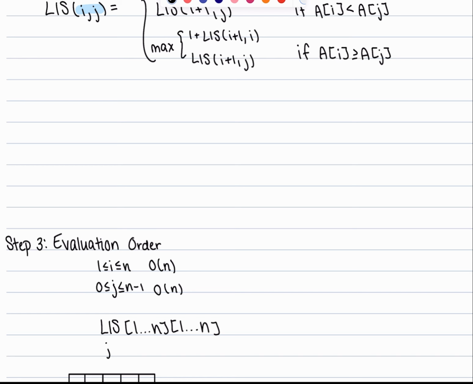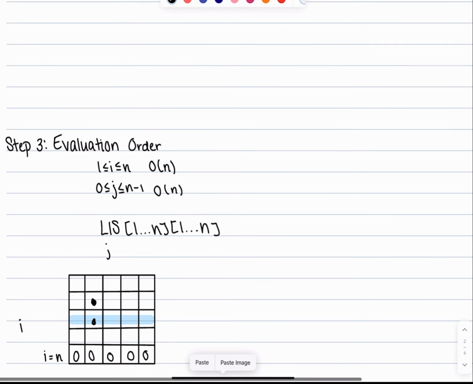And for the next case, LIS(i+1, i), I also have to know, in this case, i is the same. So let's consider a separate case. Let's look at if this is our i. Well, in this case, I also have to know this case, right? And so all we're seeing is that the row right above it is dependent on the row below it.